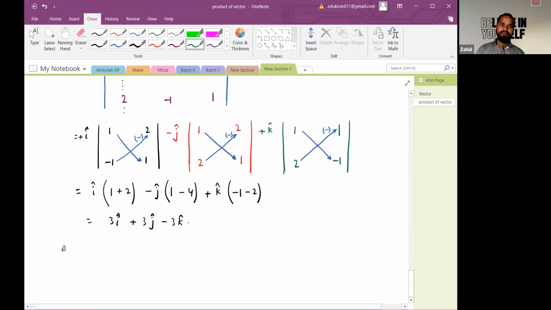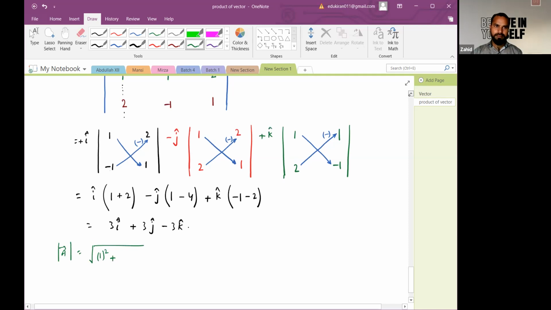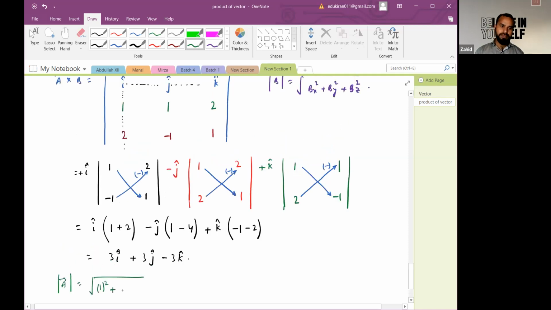Next we have to calculate mod A. It will be root under the x component, that is 1 square, ay is again 1 square, and az is 2 square.